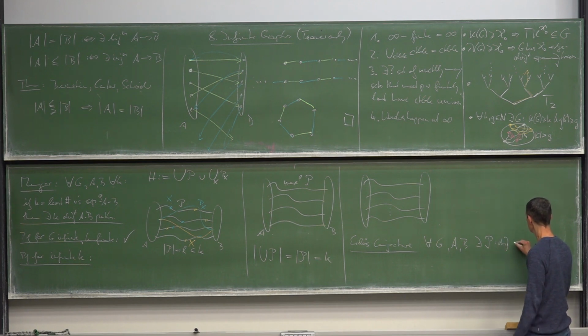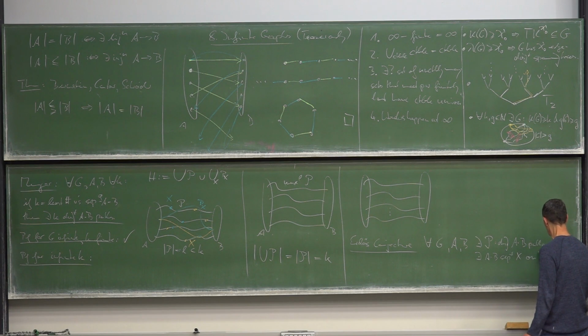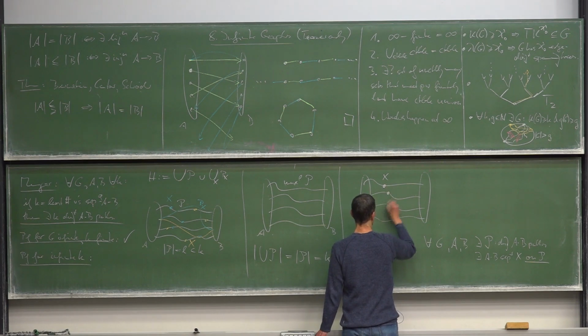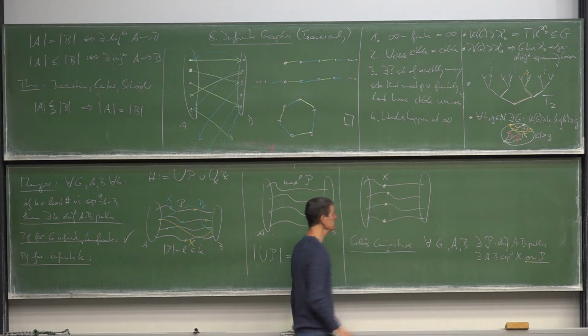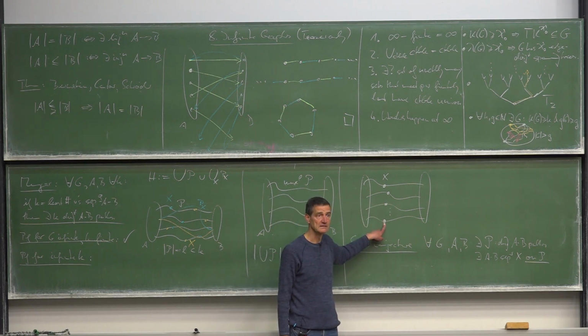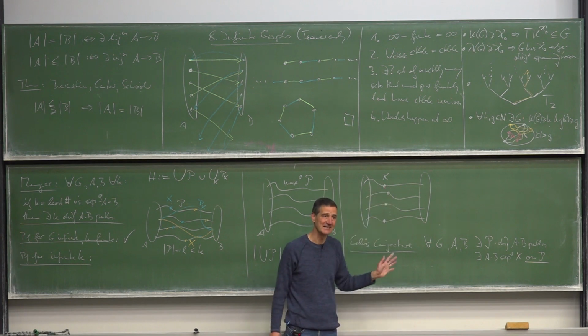A set curly P of disjoint AB paths and also an AB separator on P. And on P means that it consists of exactly one vertex from every path in P. A consequence of P and X having the same cardinality when this is finite.